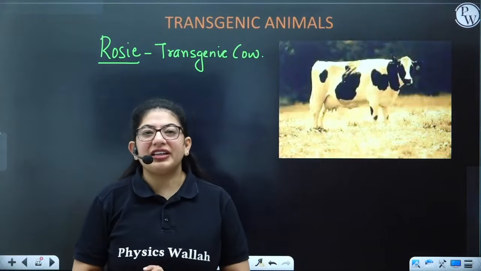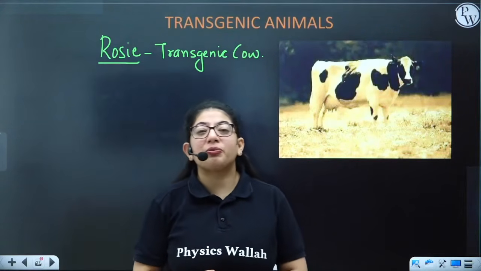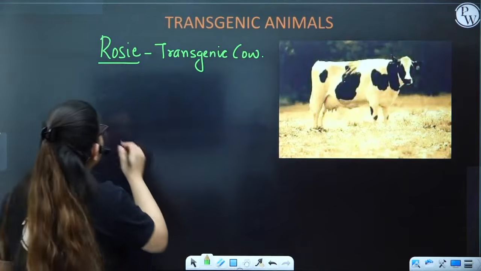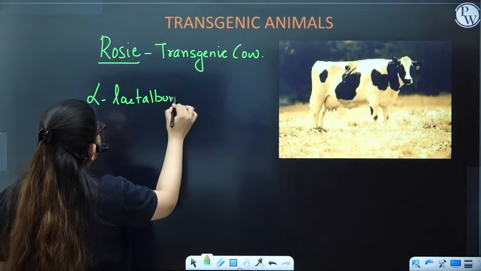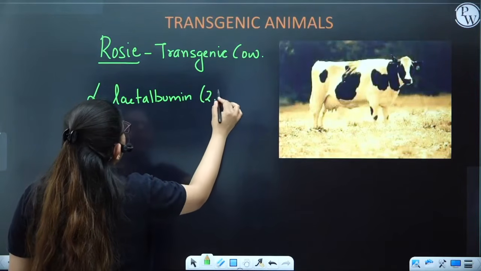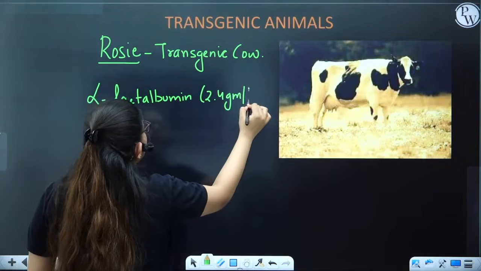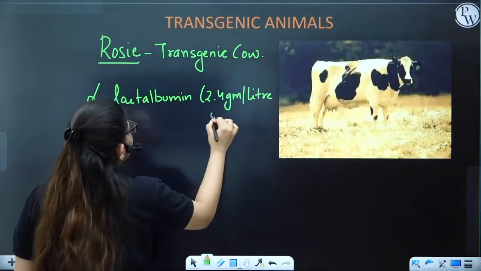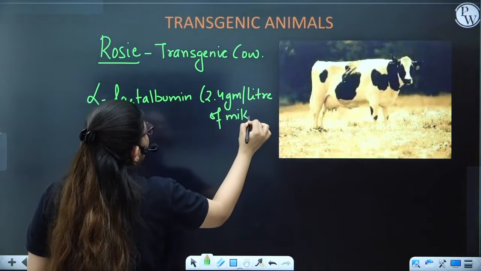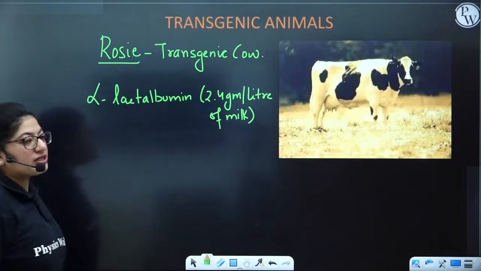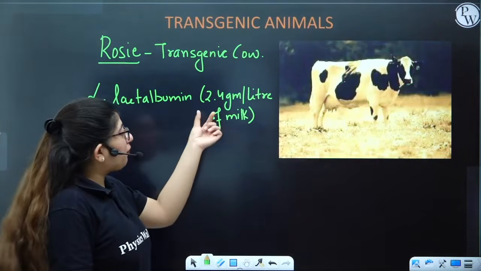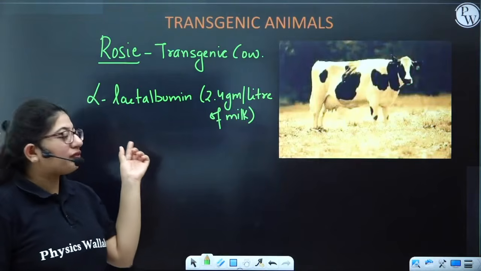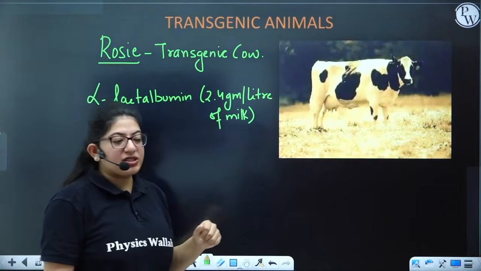We added a gene, and this gene was producing a protein, alpha lactalbumin. Rosie cow's milk contains around 2.4 gram per liter of this protein, alpha lactalbumin.